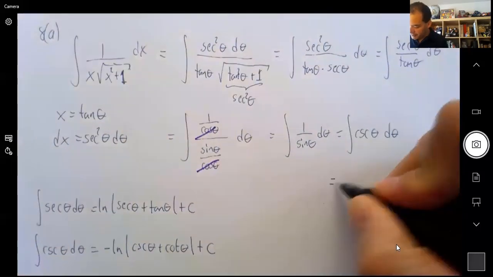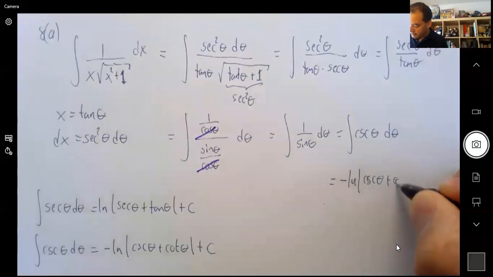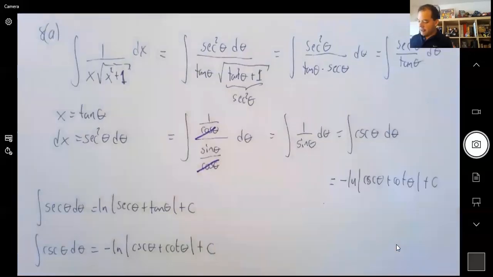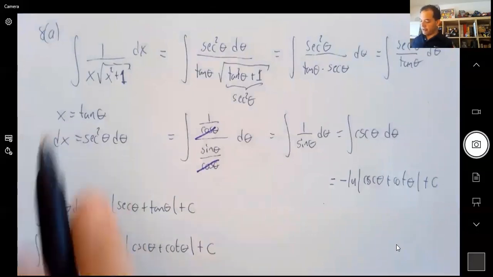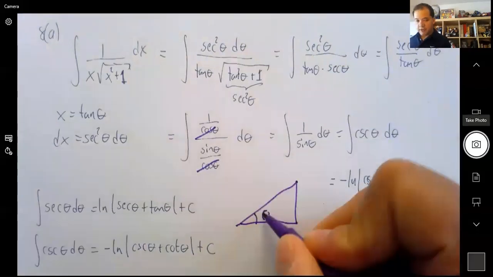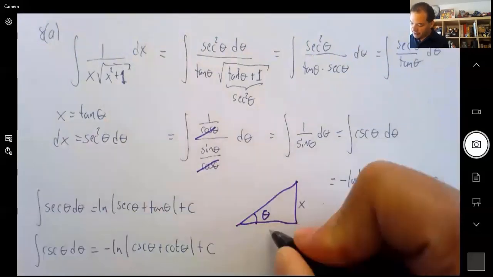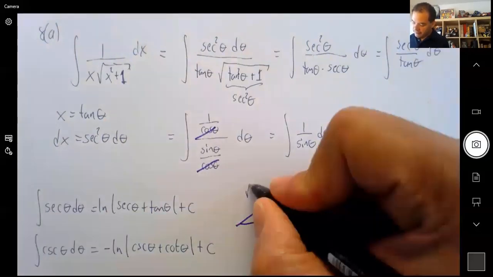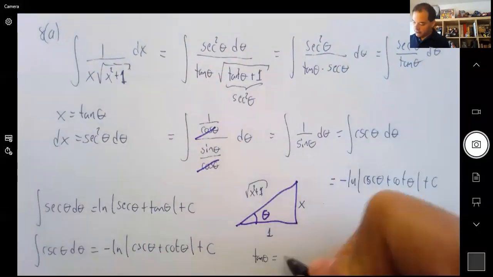You put it over here. It's negative ln of cosecant plus cotangent plus c. And then your goal to finish it is to take it back to the x, right? And for that is where we draw the triangle. So we do a little triangle here, with your angle theta. And you know tangent theta is x. So you make the opposite x and the adjacent one. That way the hypotenuse is square root of x squared plus 1. So this is because tangent theta is x over 1.